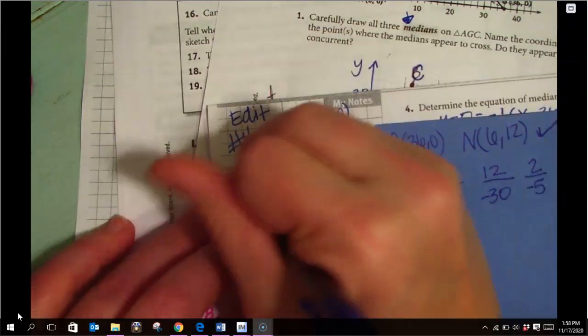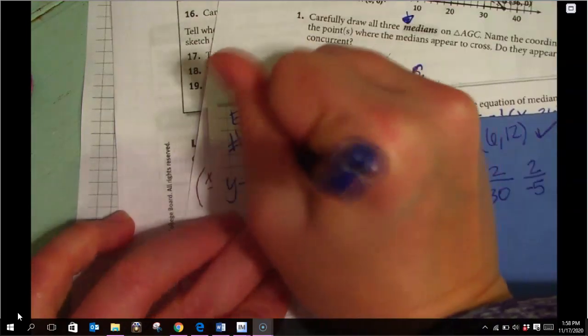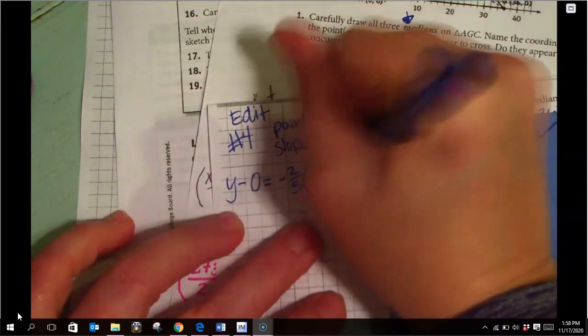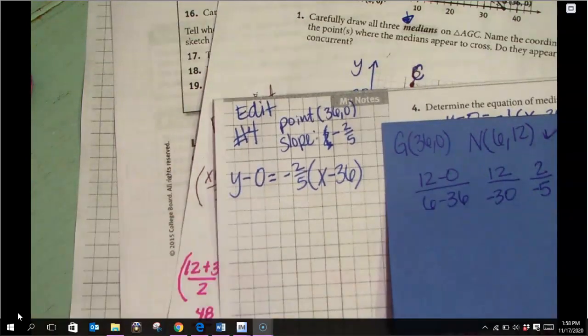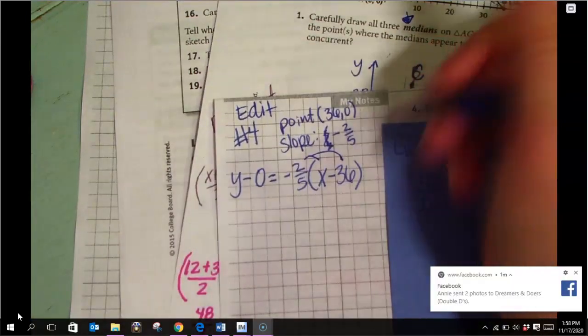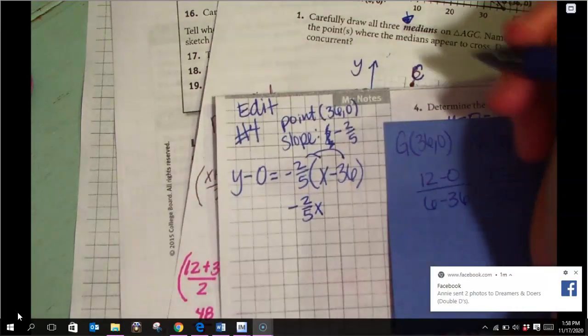Now we're going to use the point slope form. So y minus 0 equals negative 2/5 times x minus 36. Okay? All right. Now we distribute. So that is going to give me negative 2/5 x. Okay?